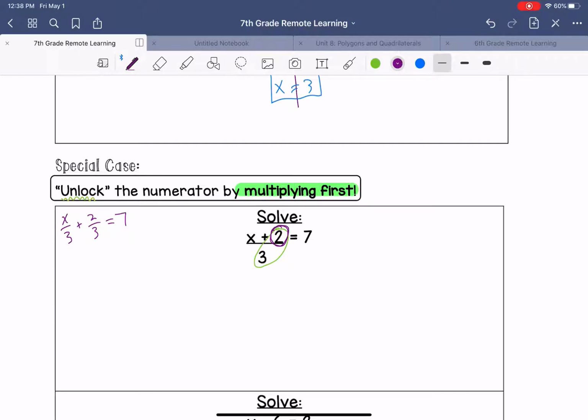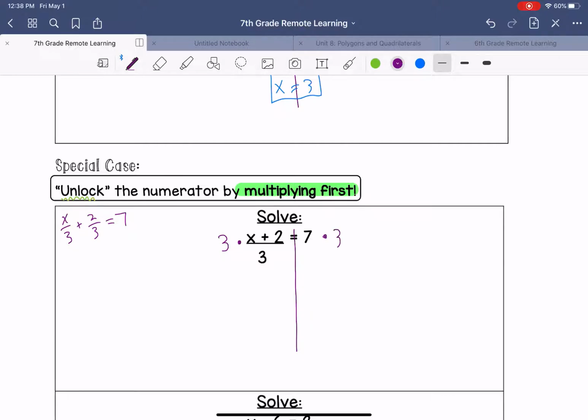That sounds obnoxious, okay? And so what we're going to do is unlock the numerator. Right now, everything on the top is locked in, and we're going to unlock it by getting rid of the denominator first. So I'm going to start by multiplying.